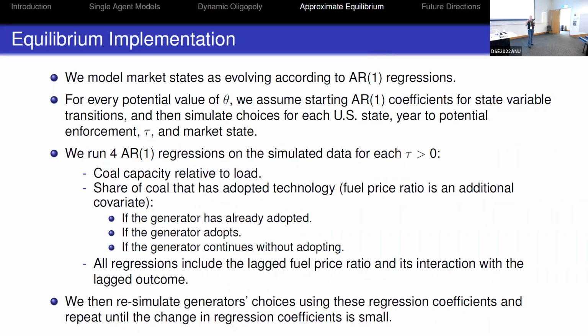Here's a check on whether you're following. Why do I only have 1 regression for coal capacity relative to load? What do I do that affects coal capacity? What's my choice?